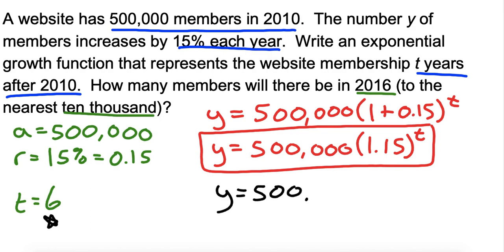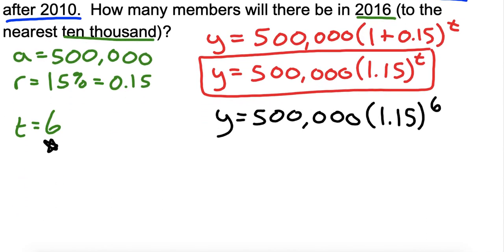So 500,000 times 1.15 to the 6. Remember, do that power first, just like order of operations. Take that result times 500,000, and you'll get y is approximately 1,156,530.